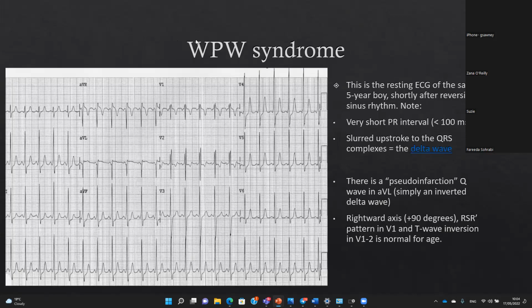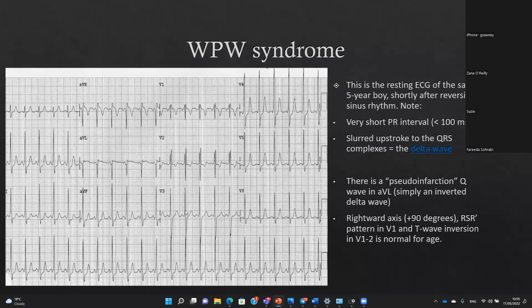So for the WPW, we have here the resting ECG. This is the resting ECG of the same 5-year-old boy shortly after reversion to sinus rhythm. Here is the very short PR interval, less than 100 milliseconds, and the slurred upstroke of the QRS is more evident here.